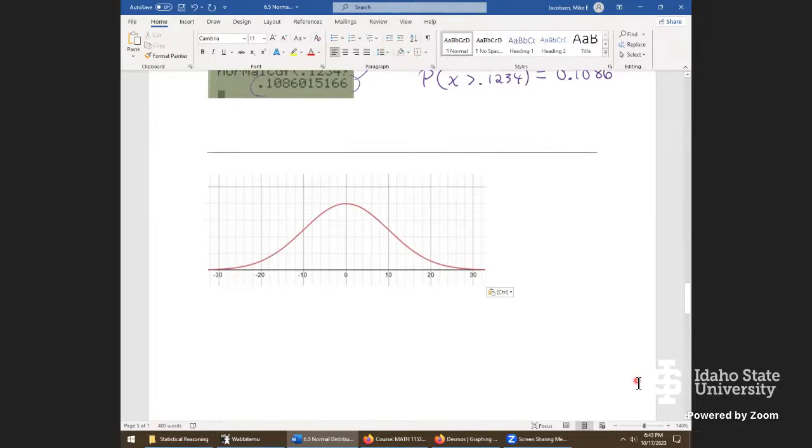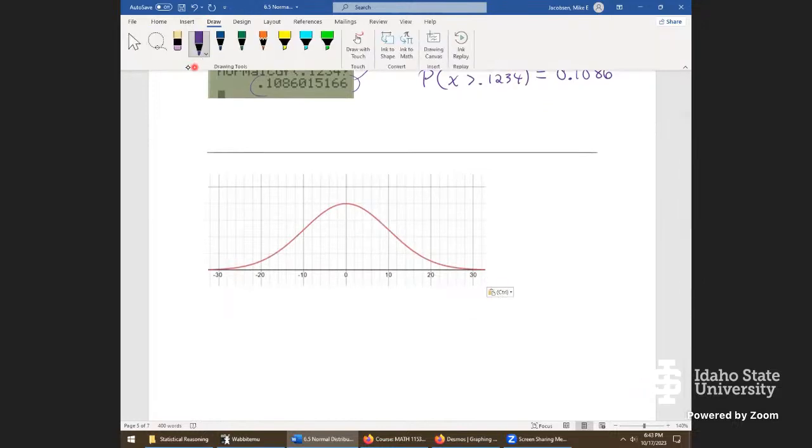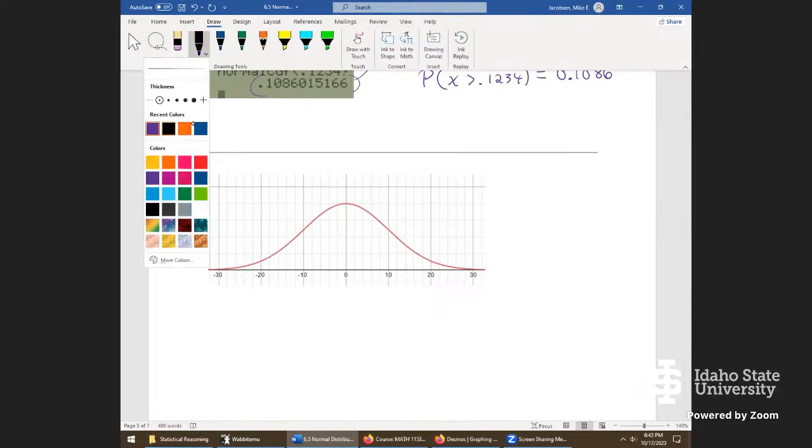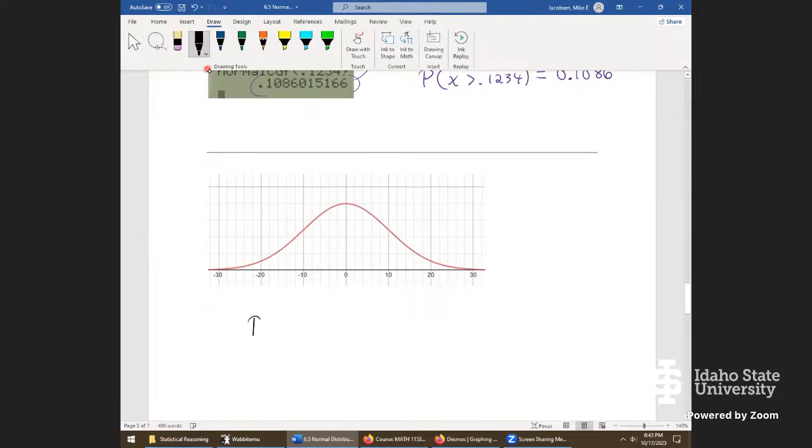We want to do a percentile style question. So the question could be, what is the probability? Let me put an X here just so X has meaning. X is a value on the horizontal axis. We want the probability that X less than K, now that looks weird, we have an unknown value, equals 0.307.